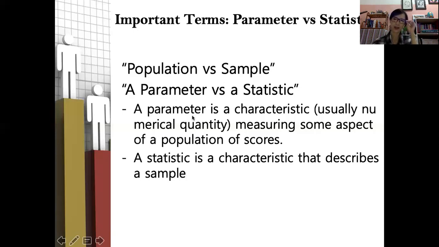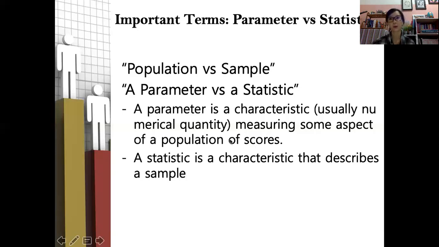Okay, so you can read here, the definition of a parameter is a characteristic which is usually a numerical quantity or in the form of numbers measuring some aspect of a population of scores.